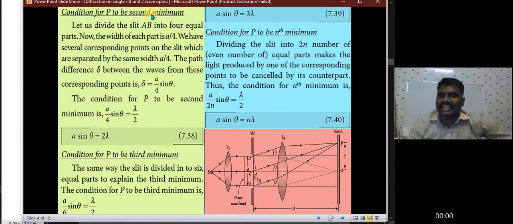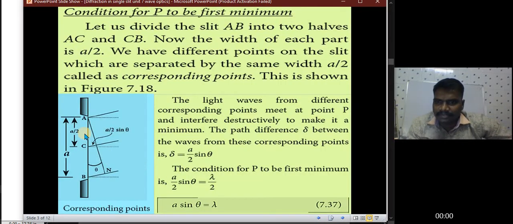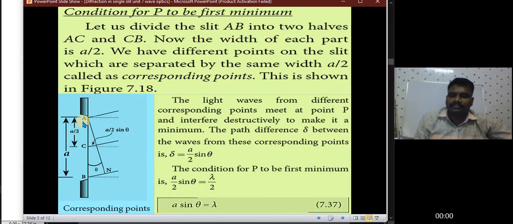The second condition is the condition for P to be the second minimum. Let us divide the slit AB into 4 equal parts. Now the width of each part is a by 4. We have to segregate the slit into 4 different parts; one part is a by 4.